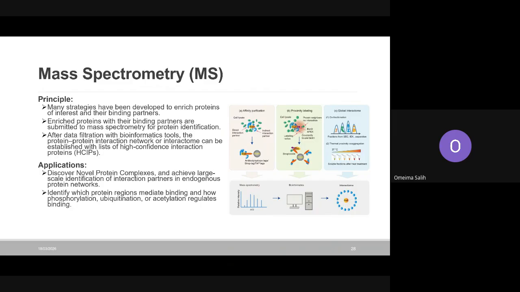So it gives you more information about this binding interface, the type of amino acids, the type of interaction, the chemical bonds, the physical structure, the ions, the modifications. So it gives you more studies about the type of interaction.